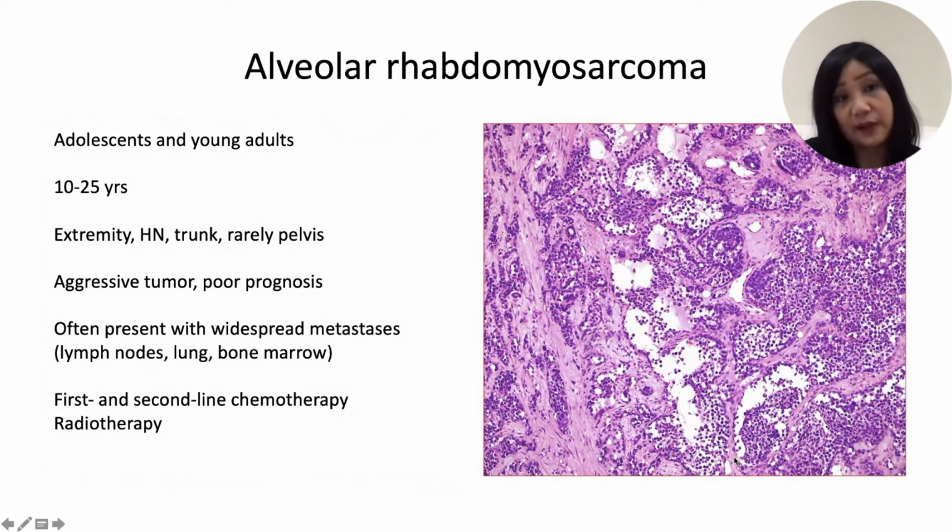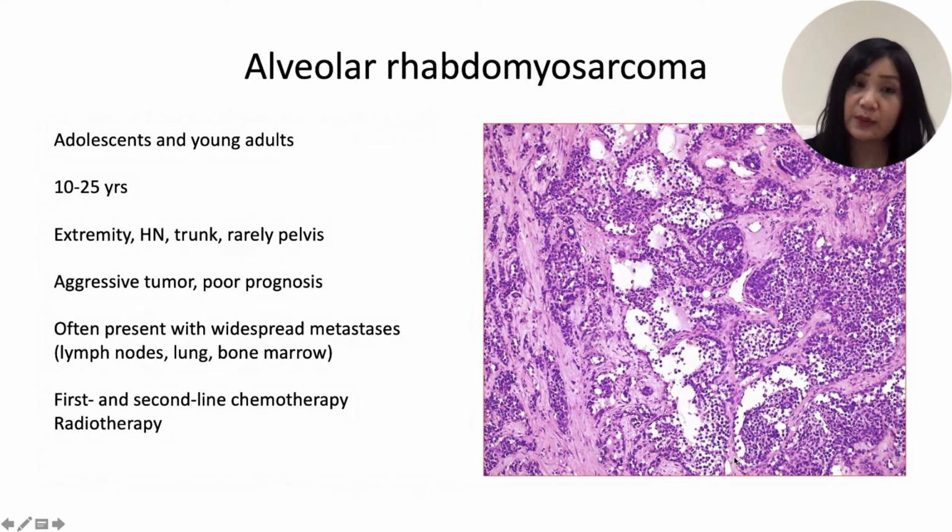It chiefly affects adolescents and young adults, most prominent in ages 10 to 25, typically occurs in extremity or sometimes truncal sites, and there is a significant minority that occurs in head and neck sites, including the nasal cavity. This is a highly aggressive tumour with a very poor prognosis.